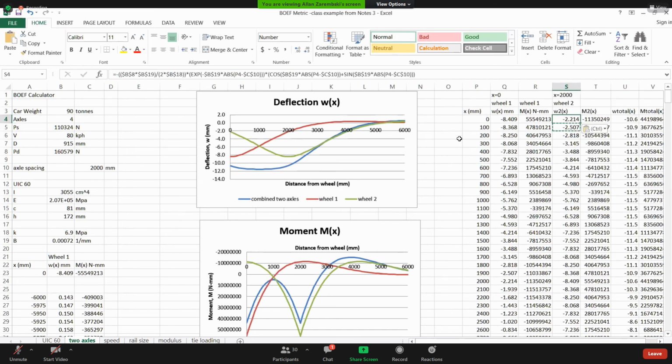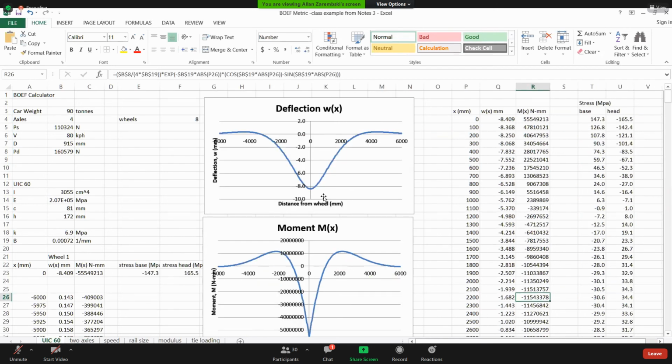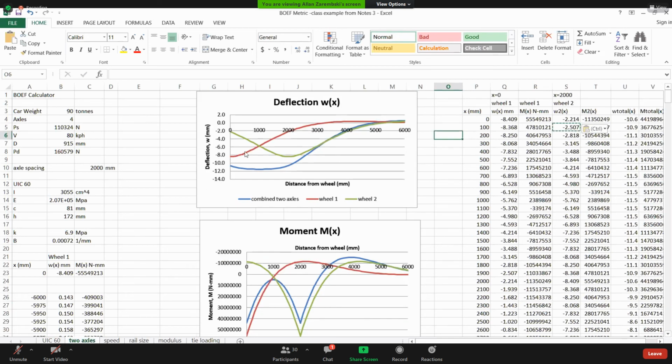Notice my first wheel in red is exactly the same as my wheel over here, just from x equals 0. It's the same wheel, the same value, 8.409. It changes at about 3,000, and that hasn't changed. Changes at 2,000.